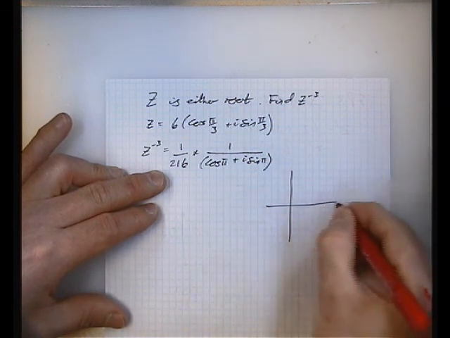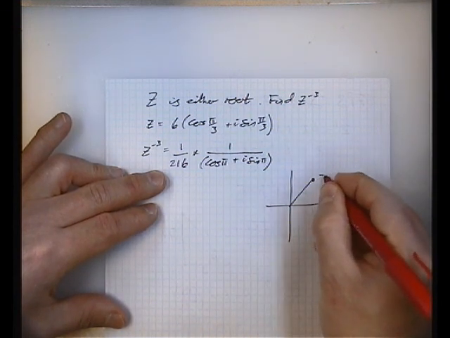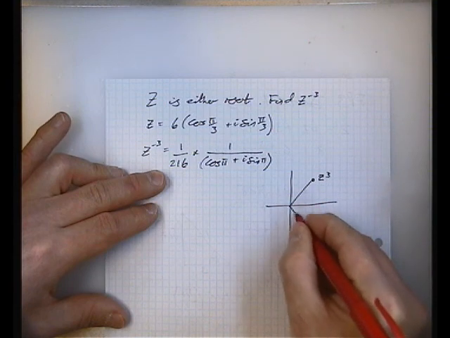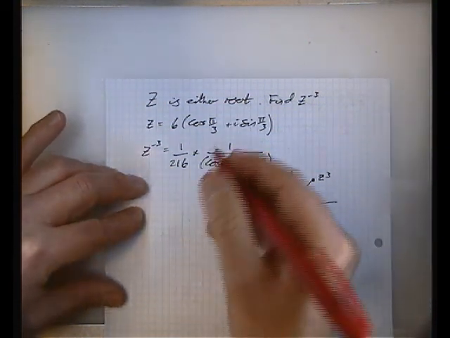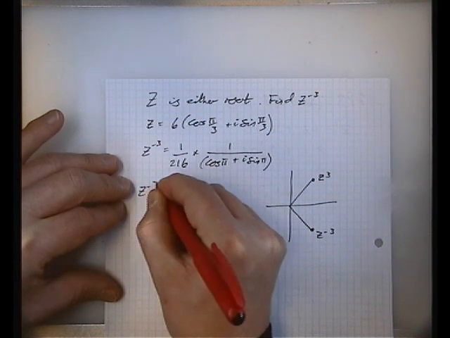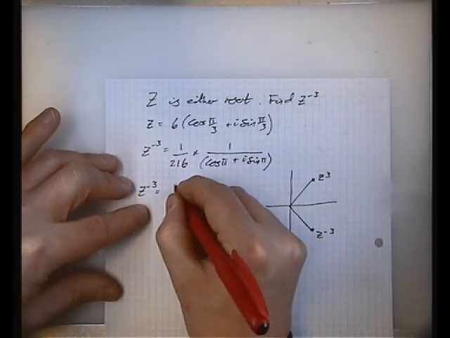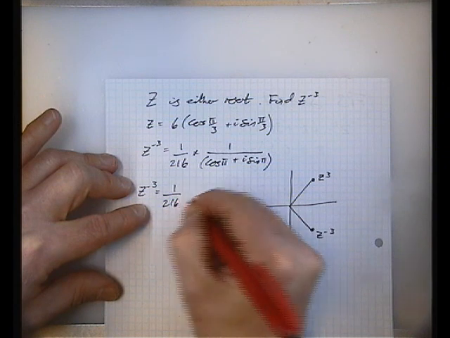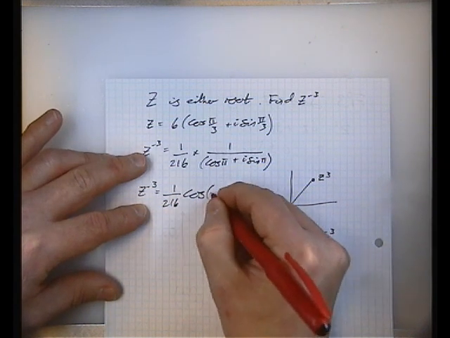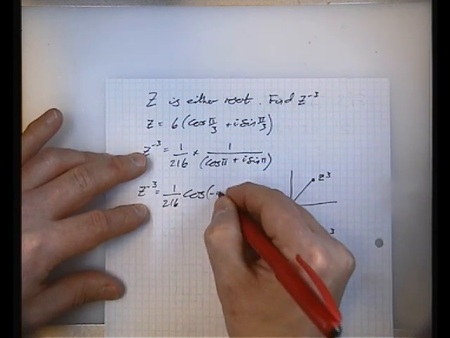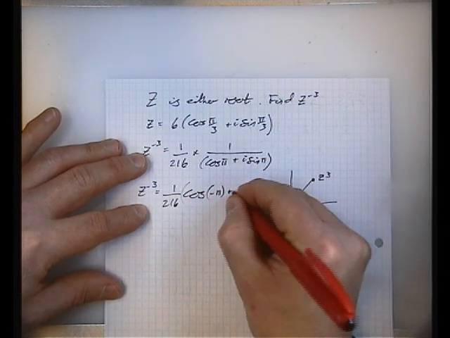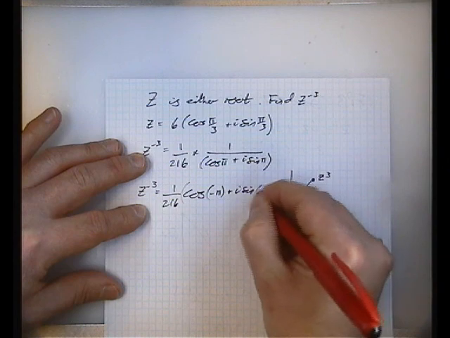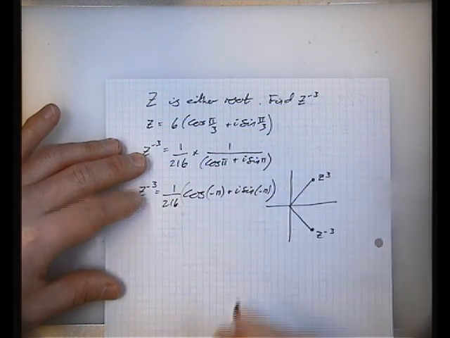So if we think about the fact that z cubed is up there, down here is z to the minus 3. So our actual z to the minus 3 is going to be 1 over 216 cos of minus pi plus i sine minus pi.